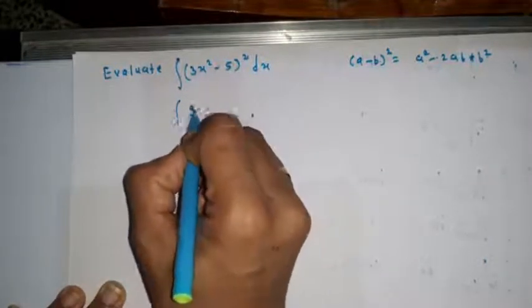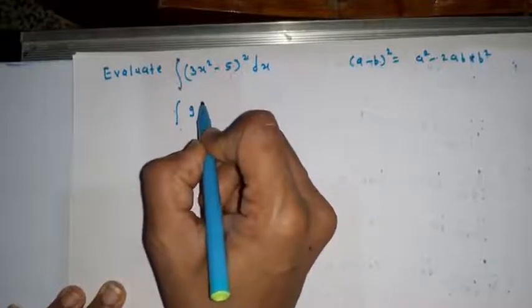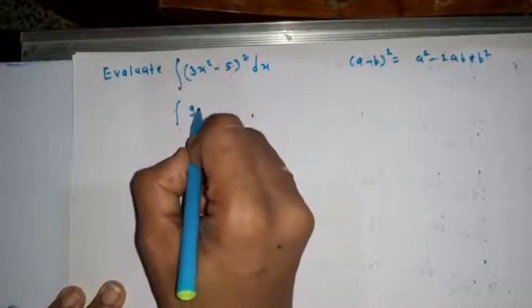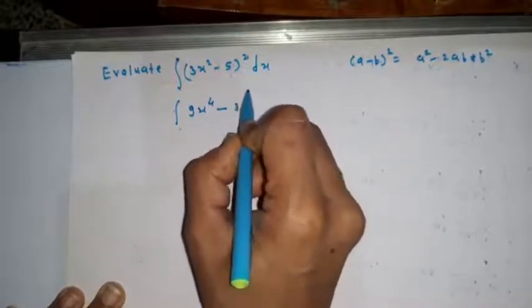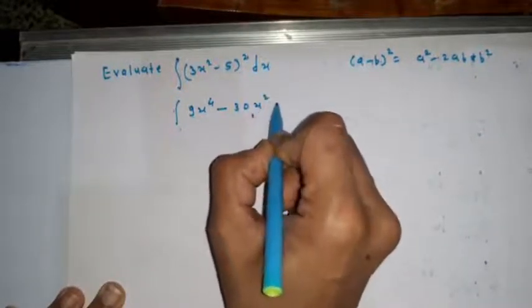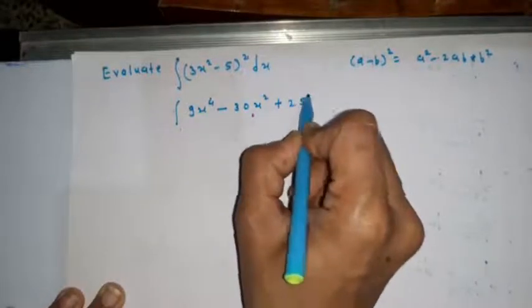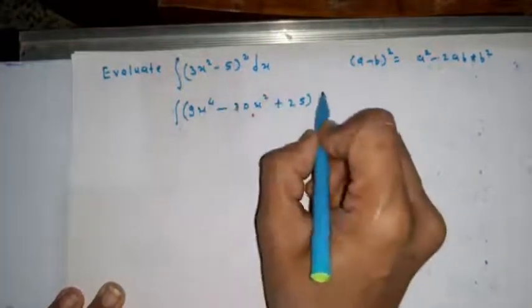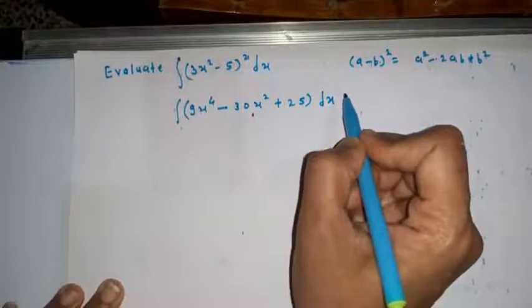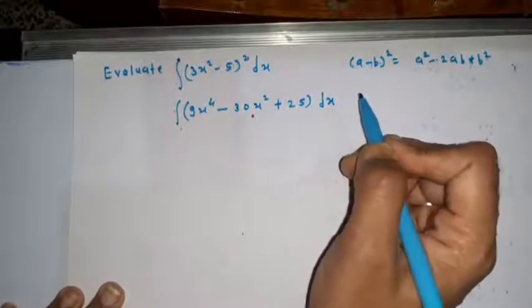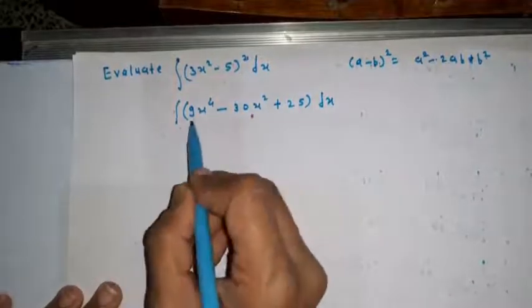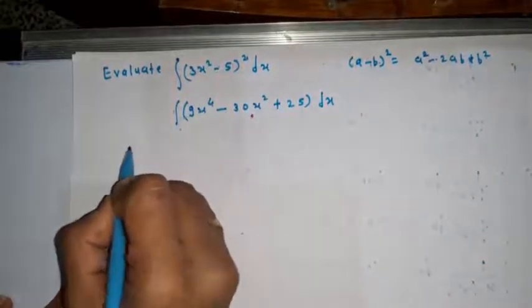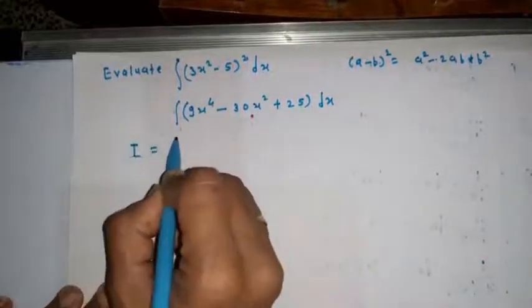The square of 3x square minus 5 whole square is 9x raised to 4 minus 30x square plus 25. This is the expansion of the bracket. Now for the integration of this, let I equal to integration of this.